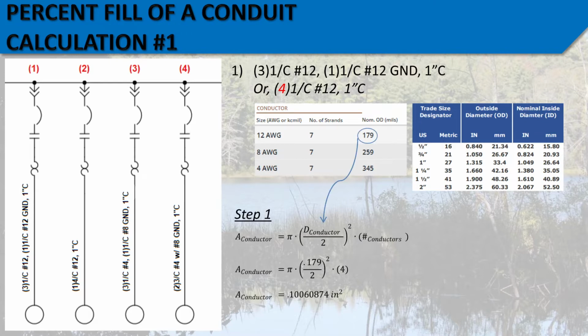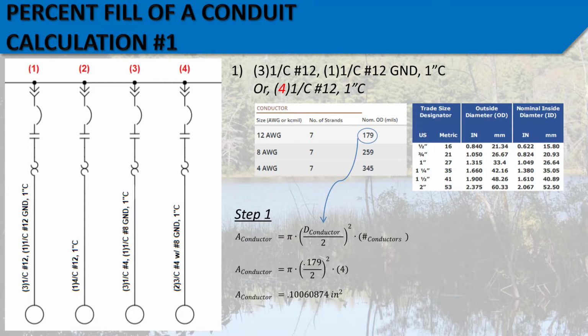Step 1 of determining what the percent fill of the conduit is to calculate the area of the conductor, or conductors in this case. So what we will do is refer to the data sheet, number 12 wire has an outer diameter of 179 mils, or 0.179 inches.